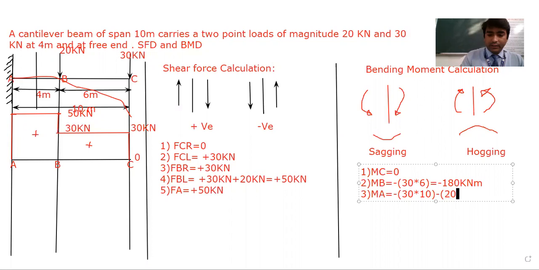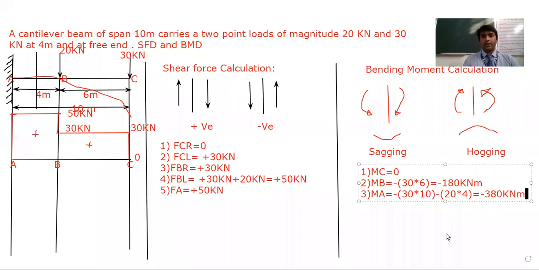So 20 into that distance, 4. So this is the bending moment, that will be equal to 3 tens are 300 and 2 fours are 8, so 380, minus 380 kilonewton meter. So this is the value, 380 kilonewton meter.